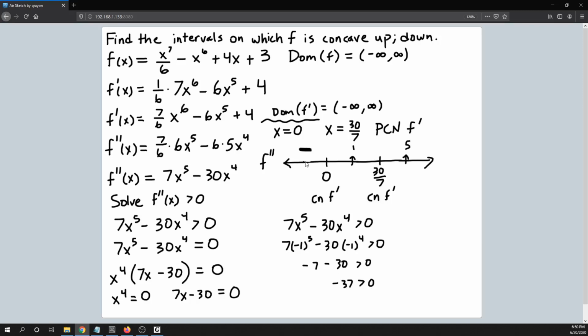So -1 is not a solution, which means no number on this piece is a solution to this inequality. If I take any number in here and plug it in, it can't be greater than 0, so it has to be less than 0, since we already found all the places where it's equal to 0.